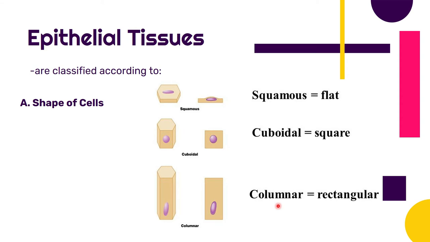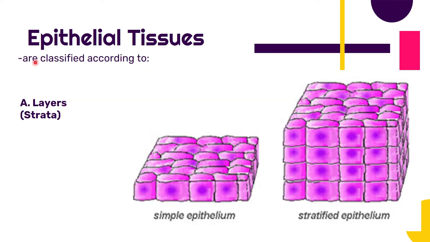Okay? Next, the cells of epithelial tissues are also classified according to layers. Layers are also known as strata, which is why we see the word stratified. So stratified, strata, means layer. Some of our epithelial tissues are made up of only one layer.